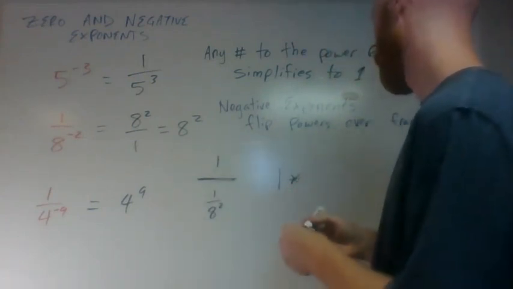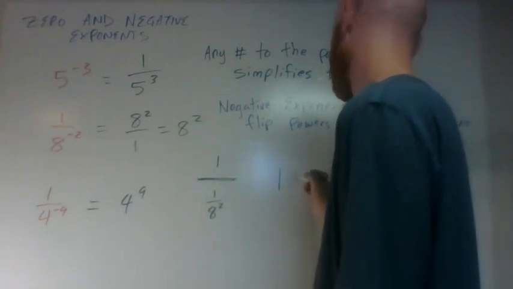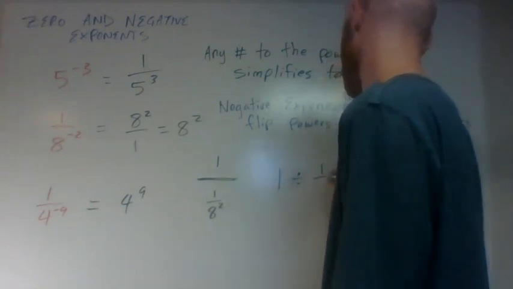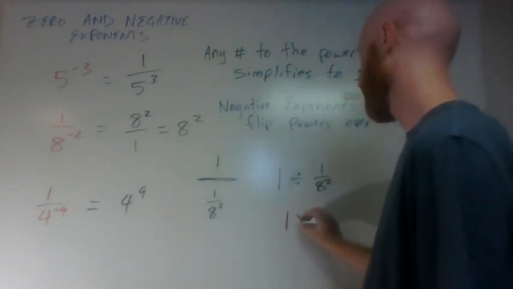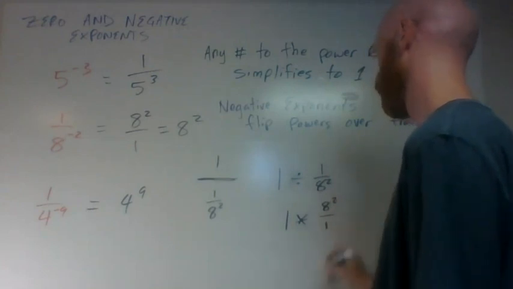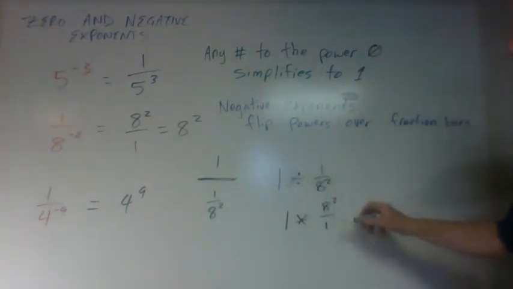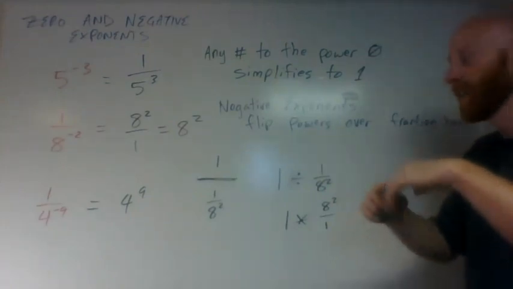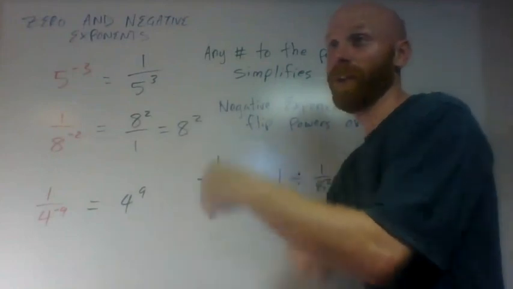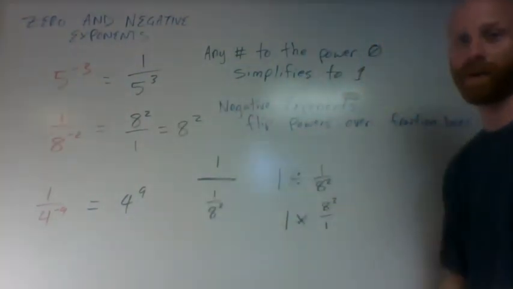So 1 divided by 1 over 8 squared is the same as 1 times 8 squared over 1, right? Division by a fraction is the same as multiplying by its reciprocal, okay? So that's the why behind negative exponents flipping powers over or under fraction bars, depending where they start.